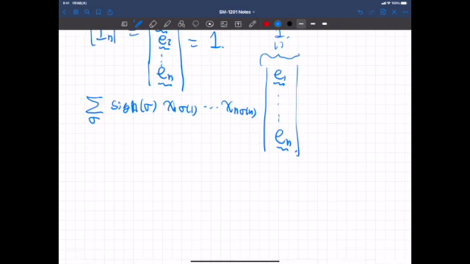So this is the same as the previous expression. Now we swap the rows of these appropriately to have this order.